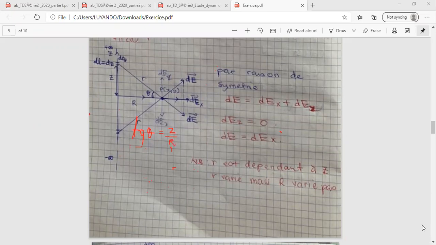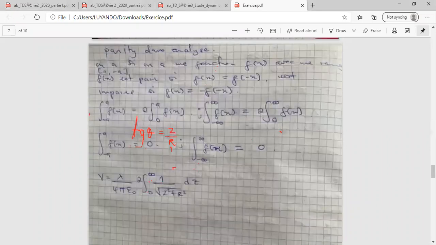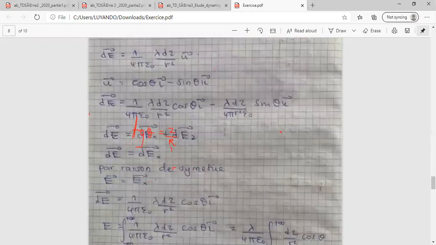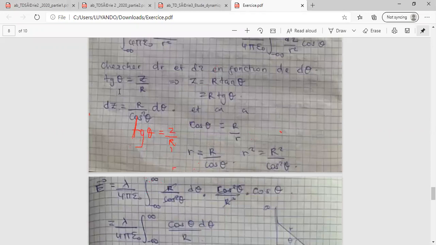So tan theta is equal to z over r. And if I make z the subject of the formula, I'm going to have z is equal to r tan theta.